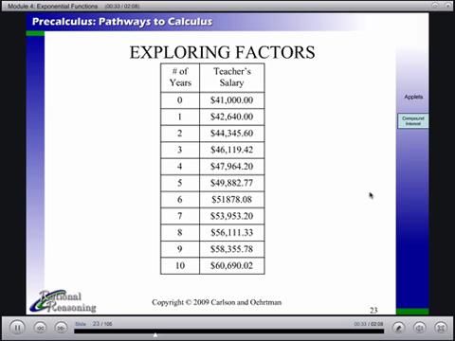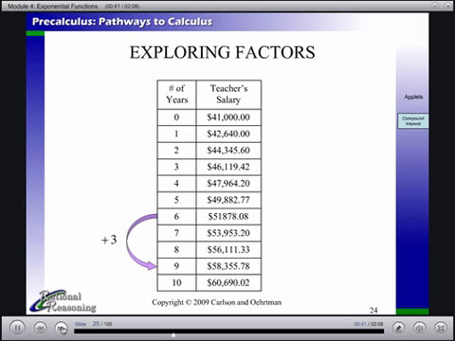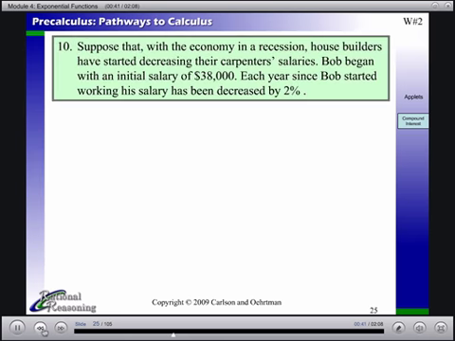Okay, let's look at, so here's a situation with decay. So I'm going to give you a list of questions again. So this Bob begins with an initial salary of $38,000, and his salary decreases every year by 2%.